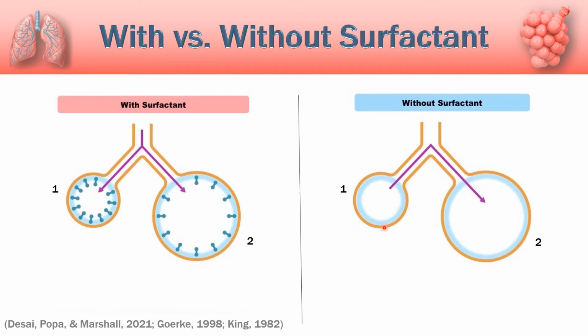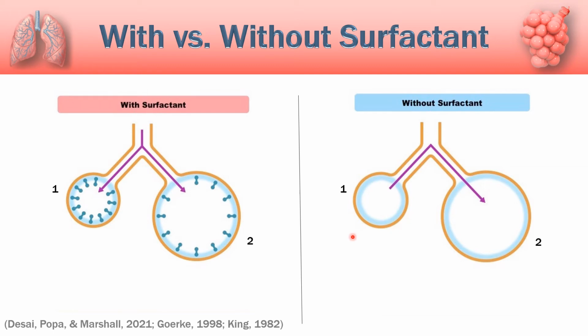If we come over here to the alveoli without the presence of pulmonary surfactant, we find a very different situation. Alveoli number 1 and 2 have an equal amount of surface tension. And number 1 over here has a higher pressure that it's fighting against due to its smaller size, as we kind of talked about with our Laplace law. The smaller the radius, the more pressure it has put upon it.